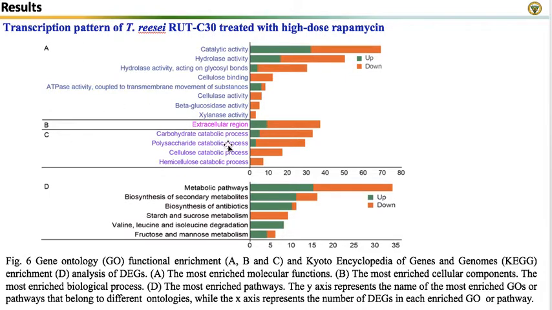The enriched cellular component was mainly the extracellular region, and the most enriched biological process was carbohydrate catabolic process and cellulose catabolic process. And the most enriched KEGG pathway was biosynthesis of secondary metabolites, biosynthesis of antibiotics, starch and sucrose metabolism, and the next two.